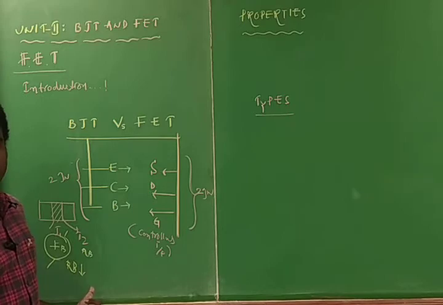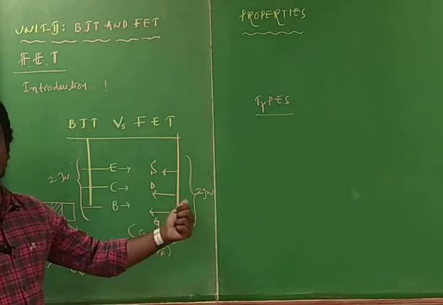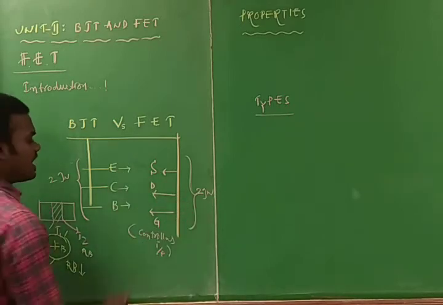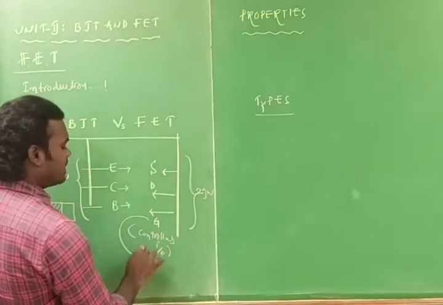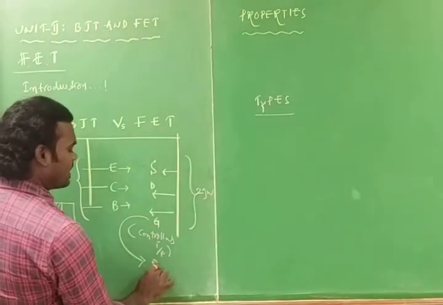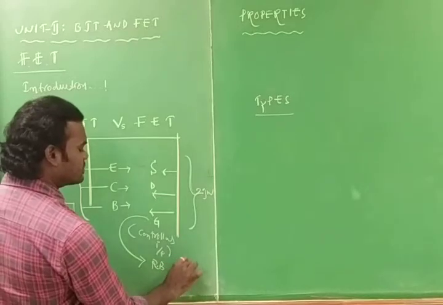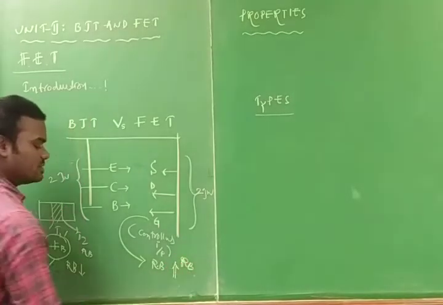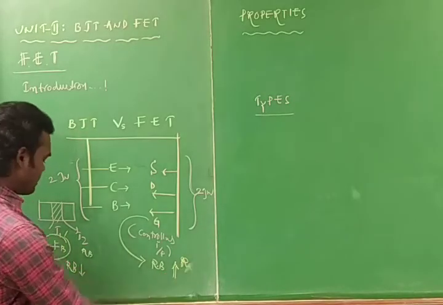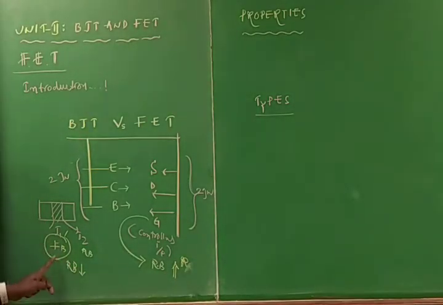Input impedance of the BJT is less compared to the input impedance of the FET, whereas here the input is nothing but the gate. The gate will always be connected in reverse bias so that the resistance of this input side will be more. Here the input junction is connected in forward bias, so the resistance will be very small.